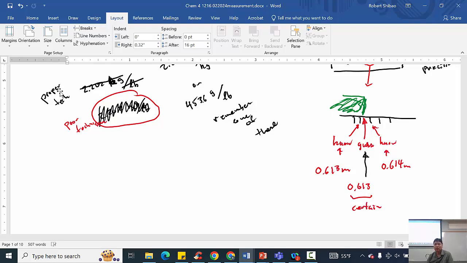But I'm going to guess how much more than 0.613. If it's right in the middle, we call it 0.6135. Would you say it's right in the middle or maybe a little bit before? At least where the arrow is, a little bit before. And so maybe we'll just guess it at 0.6133, maybe 3/10 of the way. What do you think?